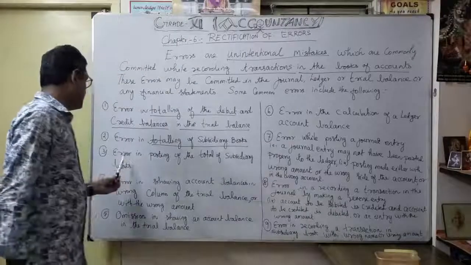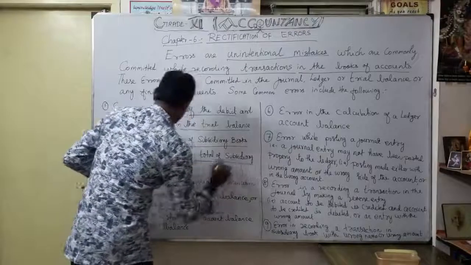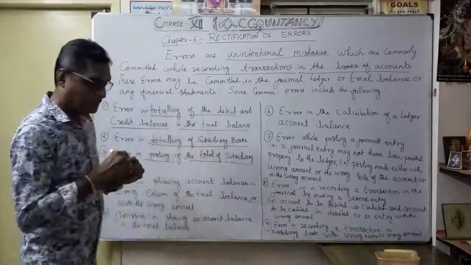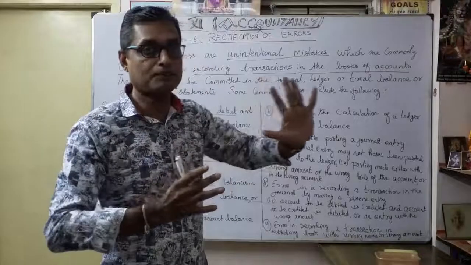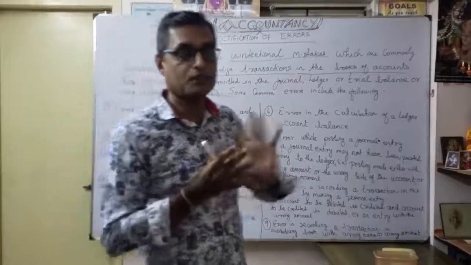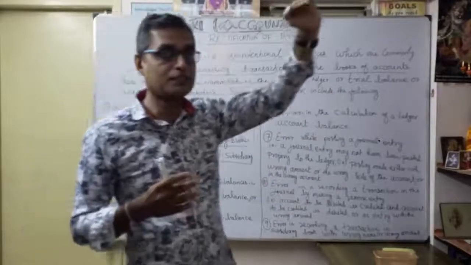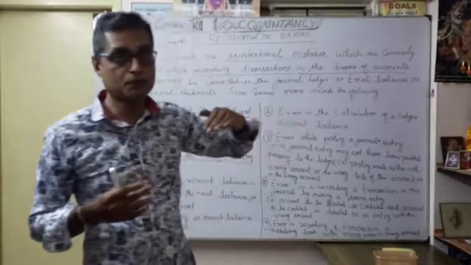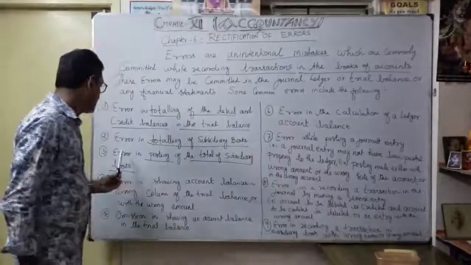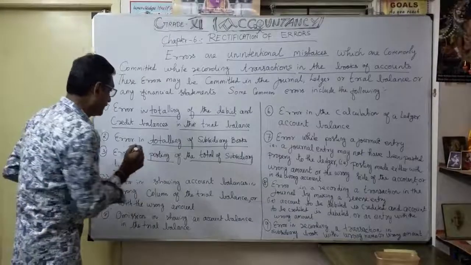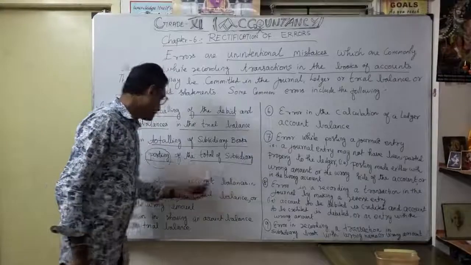Then error in posting of the total of subsidiary books. Suppose you got the purchase amount from the subsidiary book, maybe 1 lakh, but when you post it from the purchase book to the main purchase account, you wrongly enter it. That is what this means: error in posting of the total of subsidiary books.